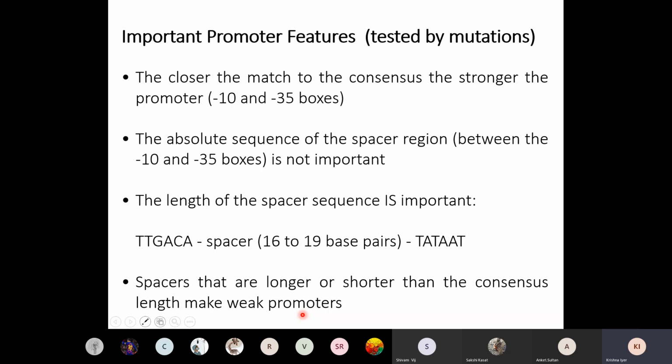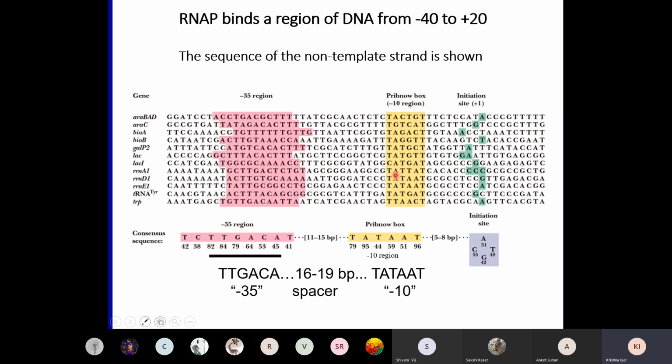So here is what I meant to say. If you look at this Tata, TACTGT, what is called a Pribnow box, or a Tata box, and here is that -35 region, what is called the TTGACA region.